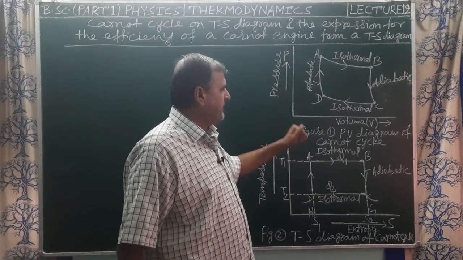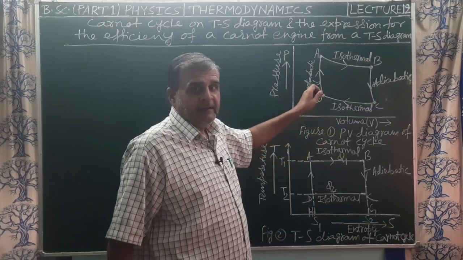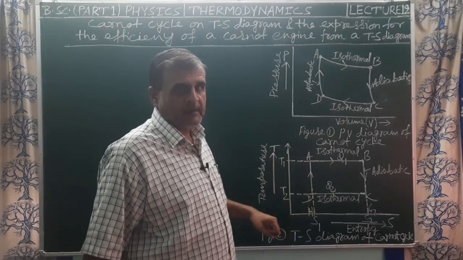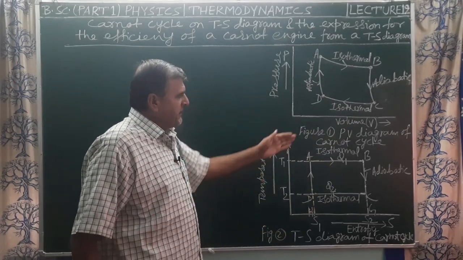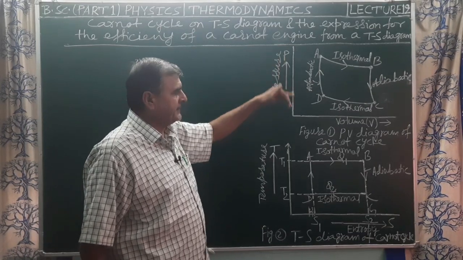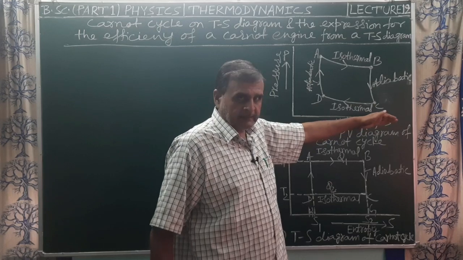Thus, PV diagram of Carnot cycle is a complete reversible cycle. In PV diagram of Carnot cycle, pressure is represented along y-axis, while volume is represented along x-axis.